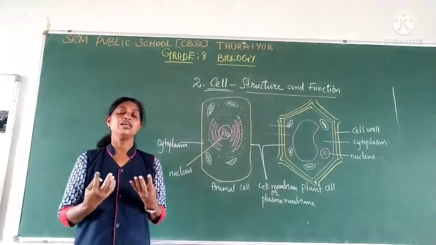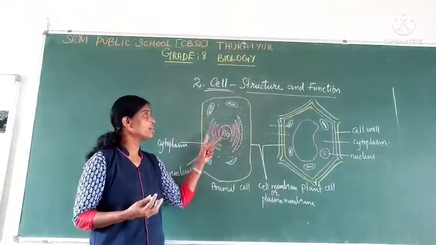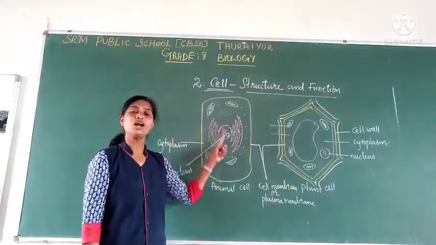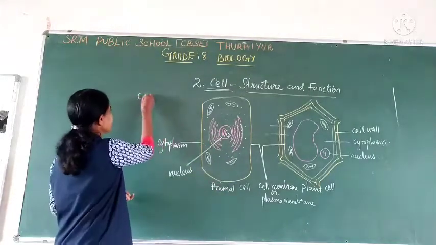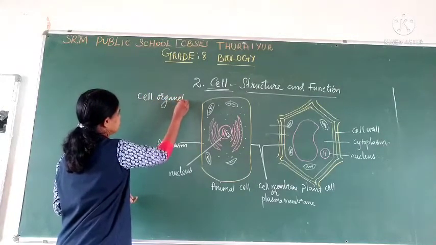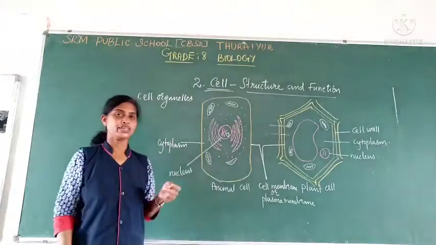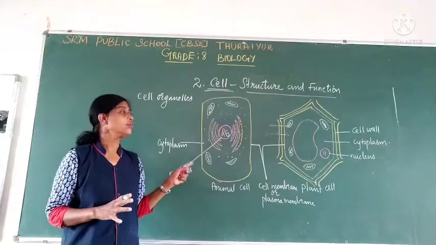Cytoplasm is a jelly-like structure. It holds all the structures inside. These structures are called cell organelles. This is the basic structure.